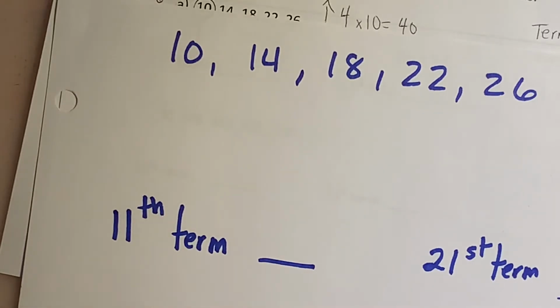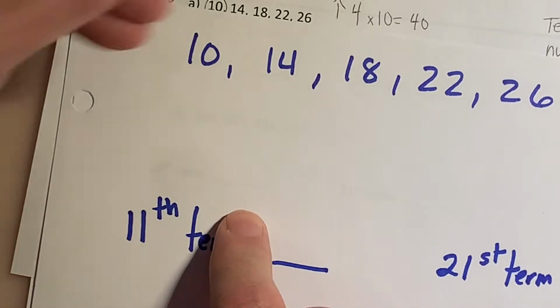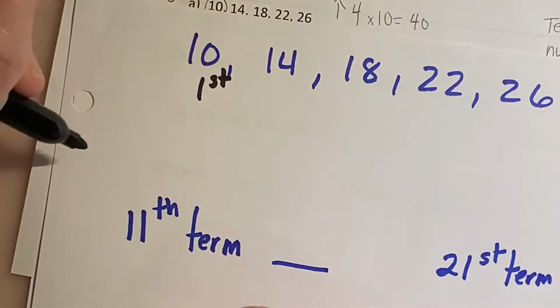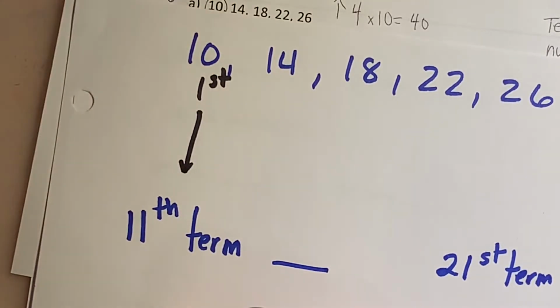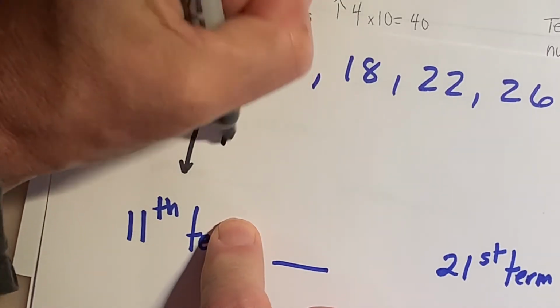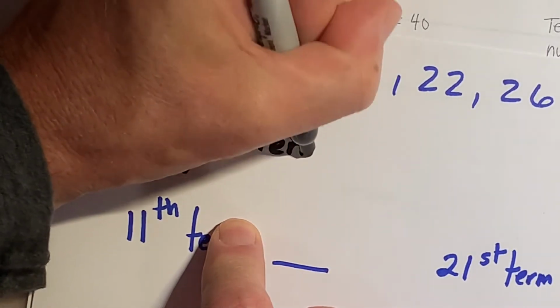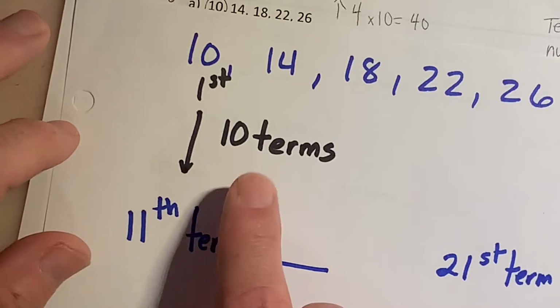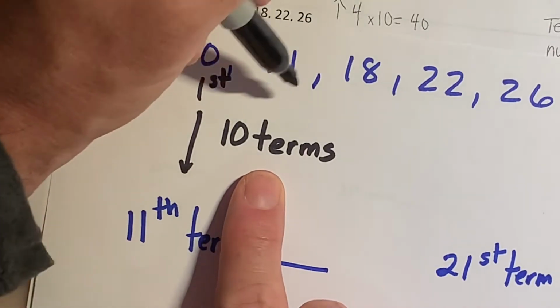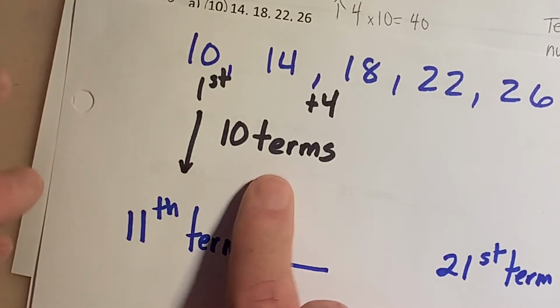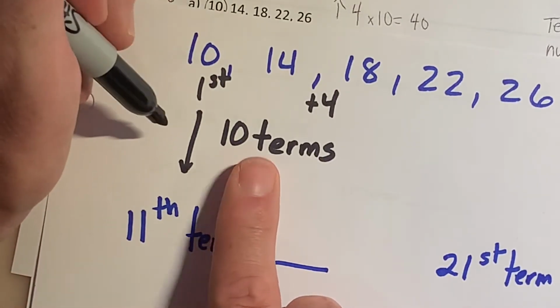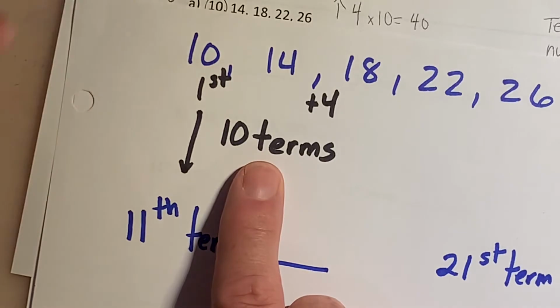And how I've explained that is we have our first term here, and we're going from 1st to 11th. So from 1 to 11 is 10 terms. And because it's 10 terms and the pattern is going up by 4s, every one term is going to increase by 4.